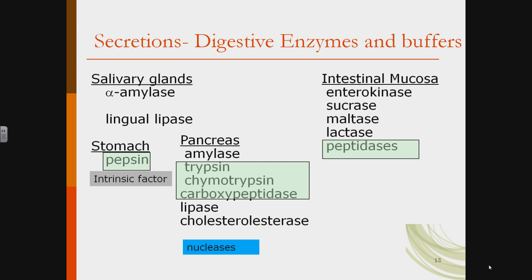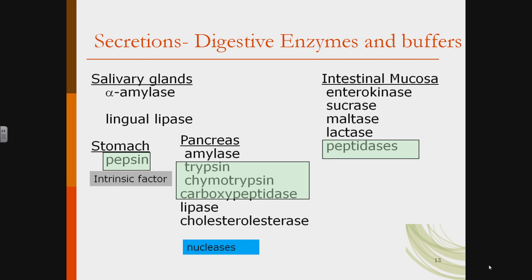In green, I've shown areas of your body that release enzymes that can digest proteins. Protein digestion begins in the stomach. The chief cells release pepsinogen, which in turn is converted by the hydrochloric acid into pepsin. It continues in the intestines.